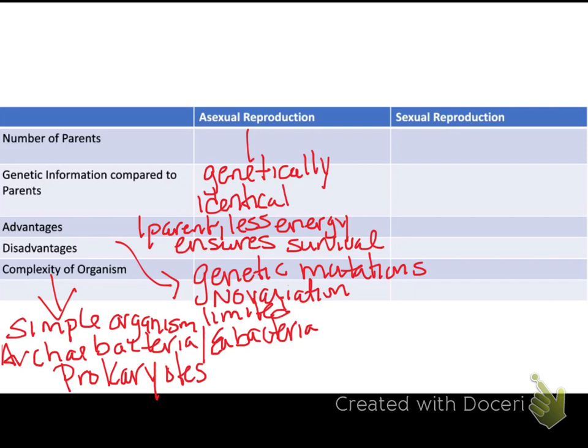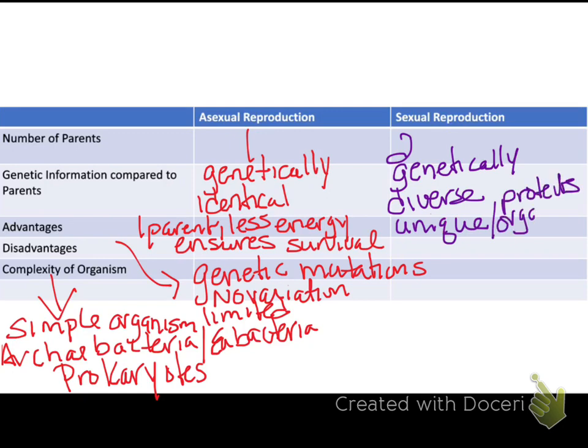All right, and then we're going to talk about sexual reproduction. It has two parents. They produce genetically diverse offspring, which makes them unique. This uniqueness helps protect organisms. It cuts down on mutations. It cuts down on defects.